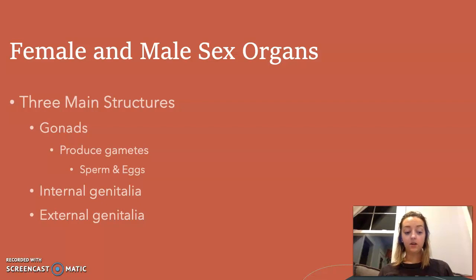In males, the gonads are the testes, which produce sperm. Those would be the gametes. The internal genitalia are accessory glands and ducts that connect the gonads to the outside environment. The external genitalia are all the structures for reproduction that are external on the body.